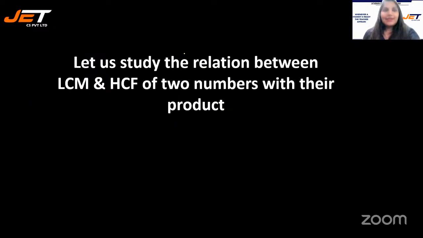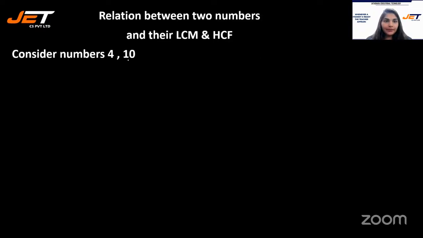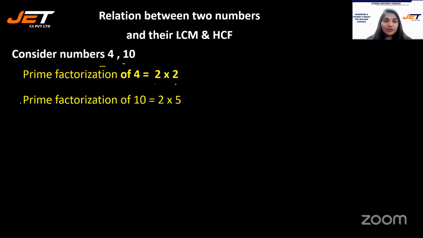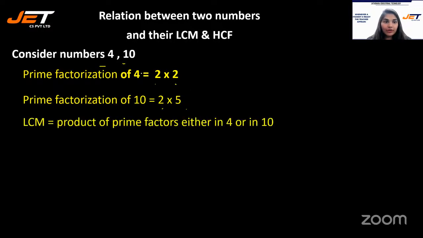Now, let's study the relationship between LCM and HCF of two numbers with their product. Over here, there is a relationship between two numbers and their LCM and HCF. See the numbers 4 and 10. Prime factorization of 4 is 2 times 2 and prime factorization of 10 is 2 times 5.